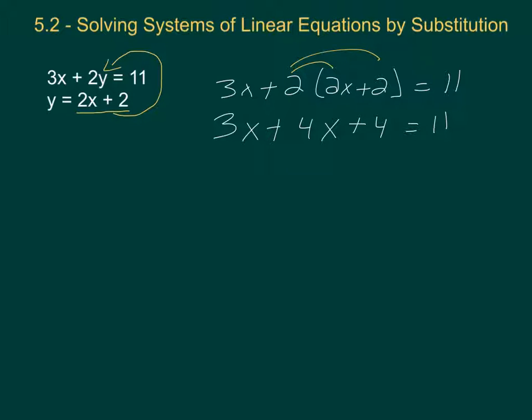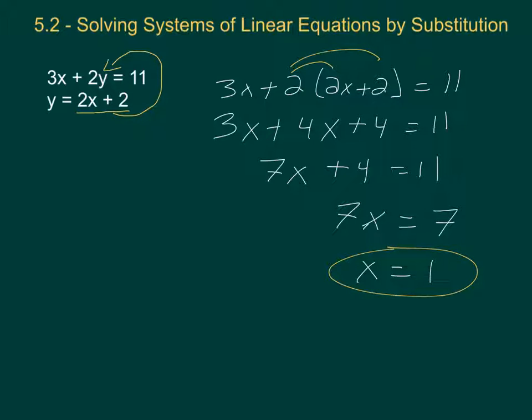Combining like terms, that's 7x plus 4 equals 11. Subtracting 4 from each side, I get 7x equals 7, and dividing each side by 7, I get x equals 1. So I've got the first part of my answer, which is x equals 1.